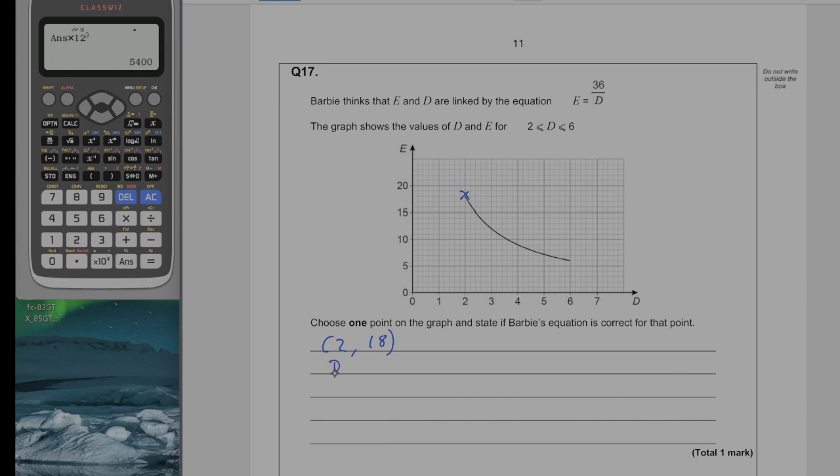This is D, this is E. So if it is correct, then 36 divided by 2 would be equal to 18. So it would be true. So it is correct for that point.